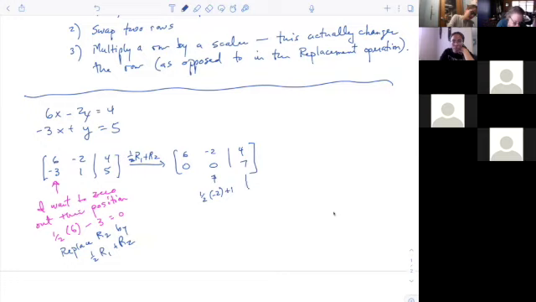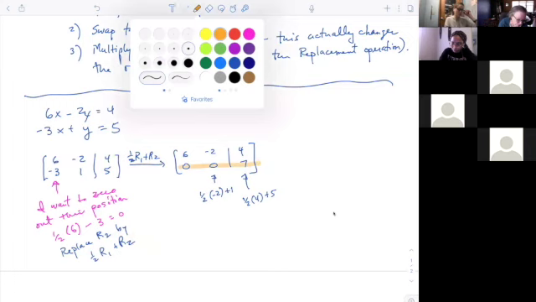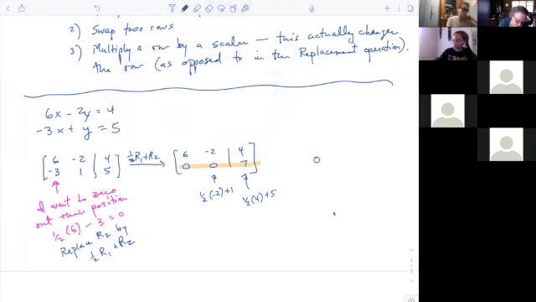So that's a half times 4 plus 5. If I wrote the equation that corresponds to that second row, it looks like 0 times x plus 0 times y equals 7.